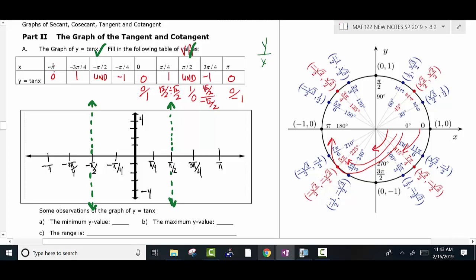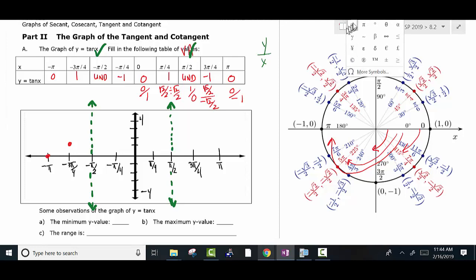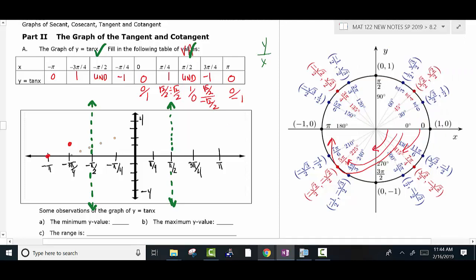At negative pi, the y value is 0. At negative 3 pi over 4, I'm going to go up 1. And the graph is going to go through these points, but as we get close to that asymptote, we're going to turn towards infinity like that.